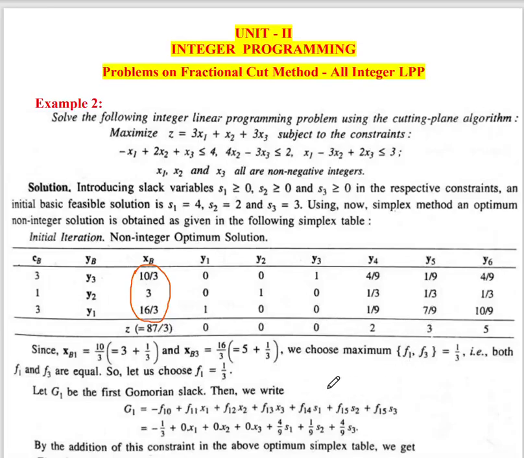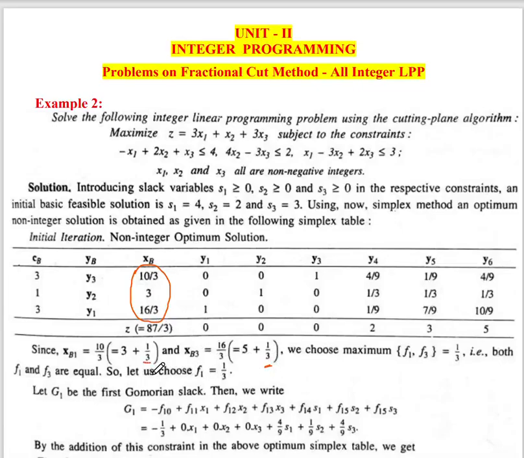Now we will take the fractional part of this 10 by 3 and 16 by 3. Since XB1, the first row, is 10 by 3, that is 3 plus 1 by 3, the fractional part is 1 by 3. And the third, XB3, this row, is 16 by 3, that is 5 plus 1 by 3, so 1 by 3 is the fractional part.